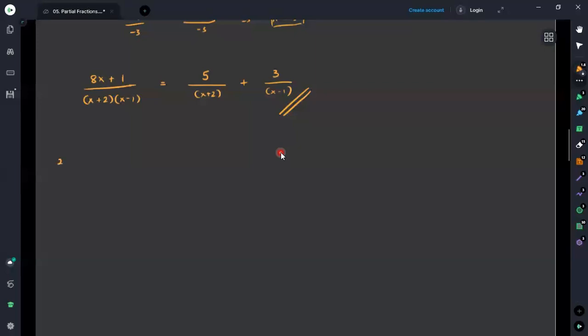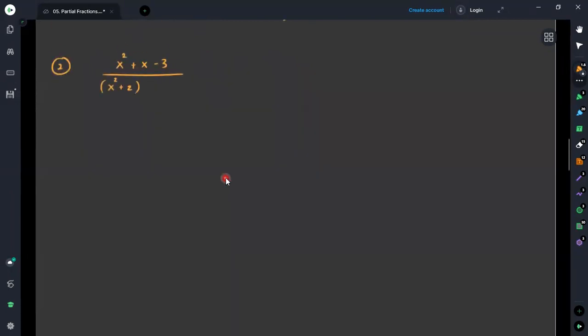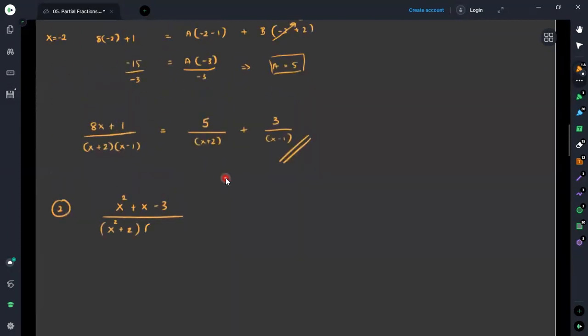That's the second one. X squared plus x minus 3 over x squared plus 2 into x minus 2.